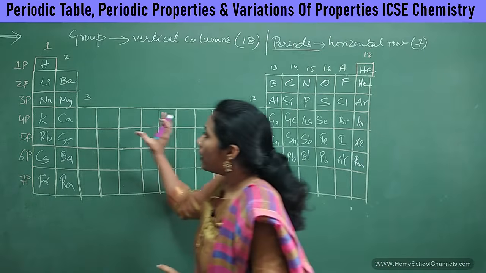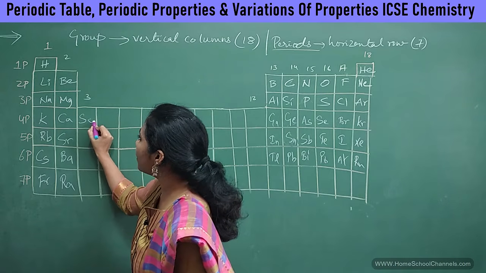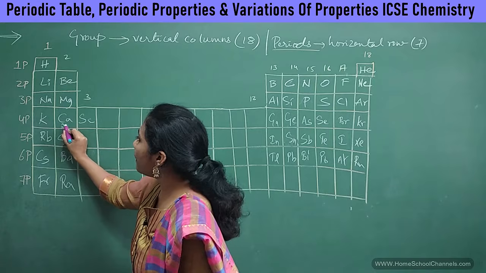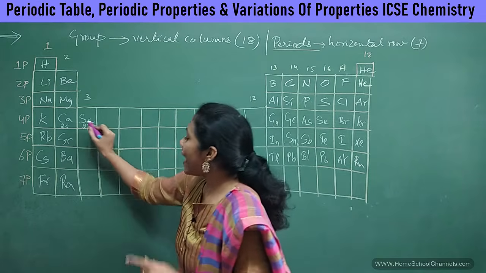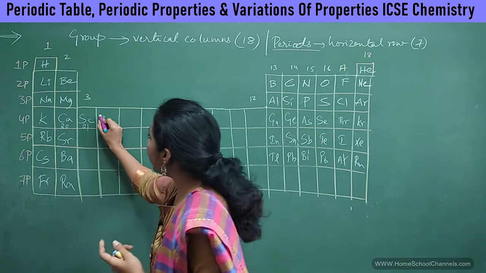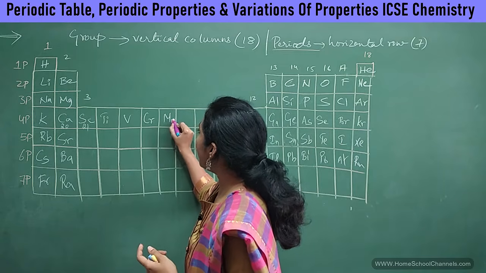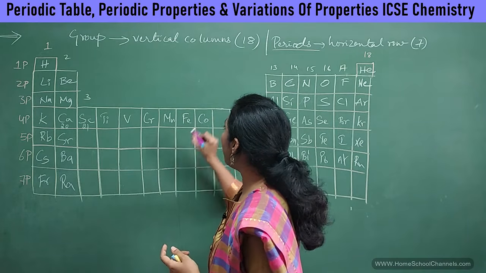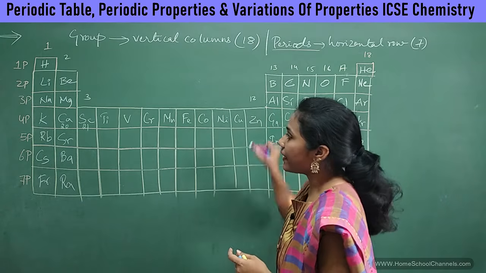And here in this category, after calcium, which is atomic number 20, comes atomic number 21, scandium. Then titanium, vanadium, chromium, manganese, iron, cobalt, nickel, copper, and zinc.